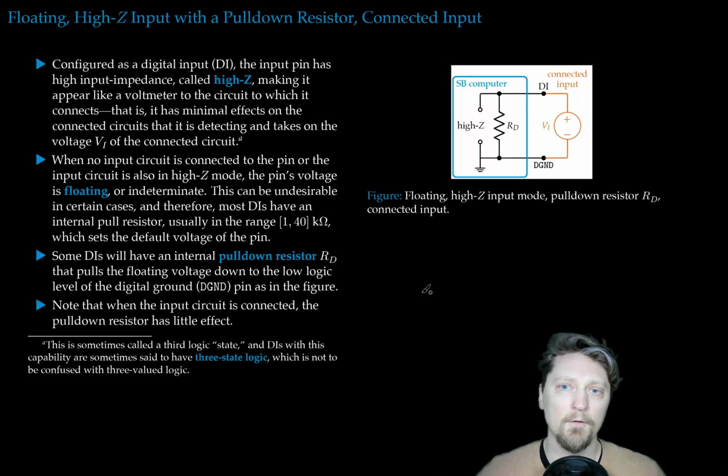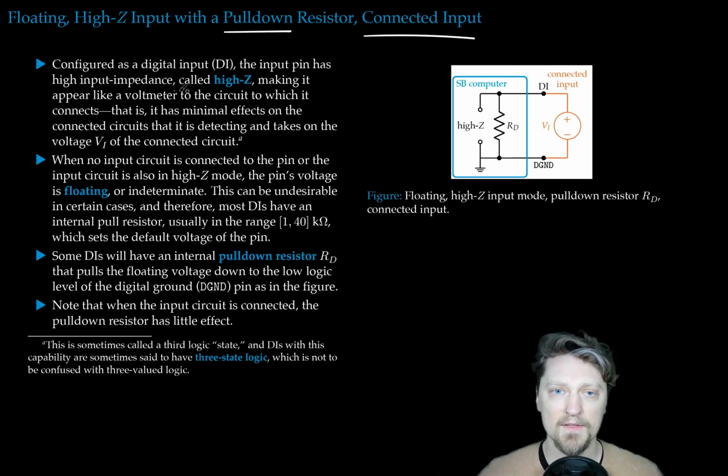Okay, the first of 4 input configurations: floating high Z input with a pull-down resistor and a connected input. Configured as a digital input, the input pin has high input impedance, called high Z, making it appear like a voltmeter to the circuit to which it connects. That is, it has minimal effects on the connected circuits that it is detecting and takes on the voltage VI of the connected circuit.